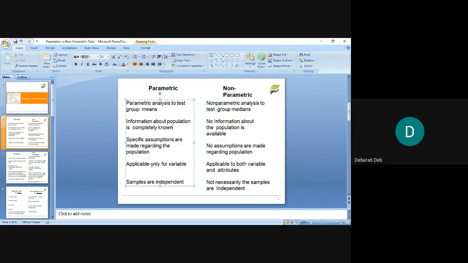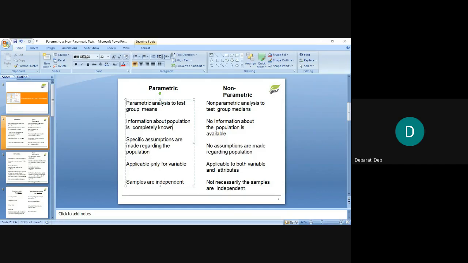But in a non-parametric test, the samples can be dependent on each other. One house's data can be dependent on the other house. One house has a lot of space, and the other house does not. Say one property has been distributed between 2 brothers, and one brother has got a bigger portion and the other brother has got a smaller portion.